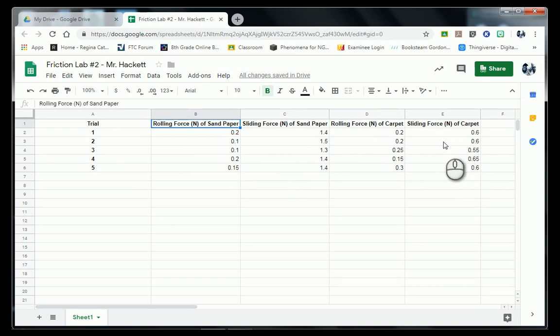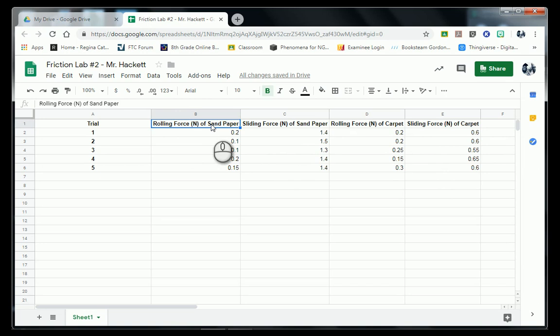Something I want to point out really quick is that if you notice, sliding over the sandpaper is significantly larger when looking at the force compared to the carpet. But the cool thing is that when we compare the sandpaper with rolling forces, which is right here, notice how much force is reduced.